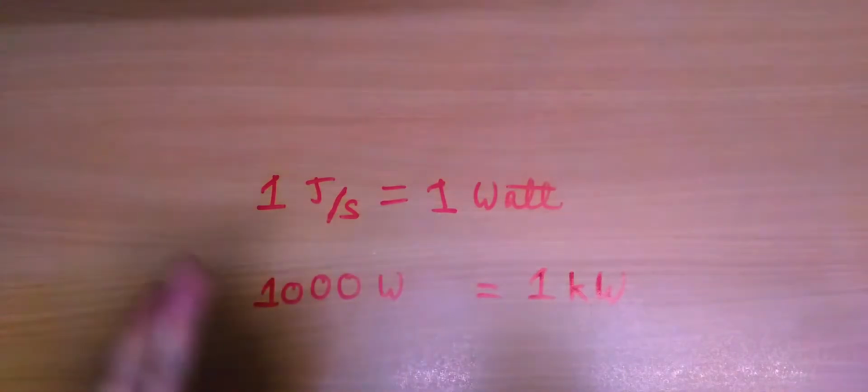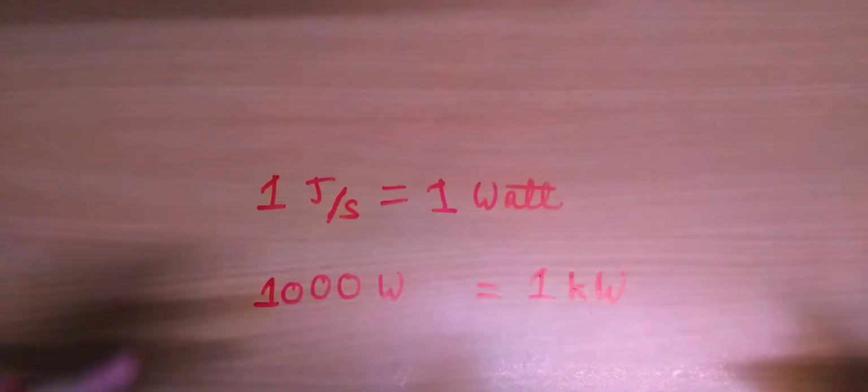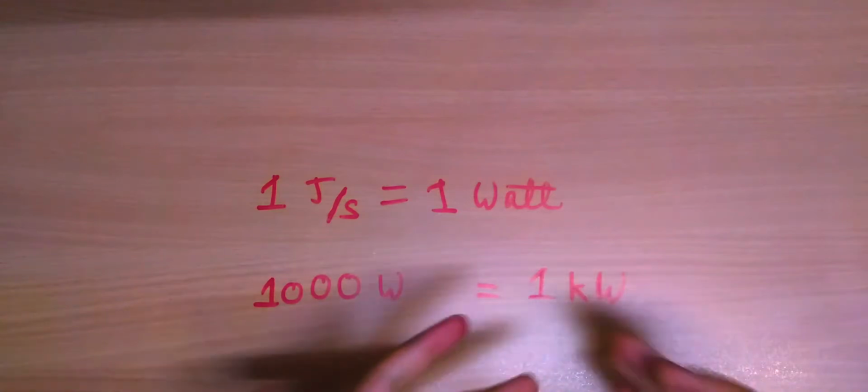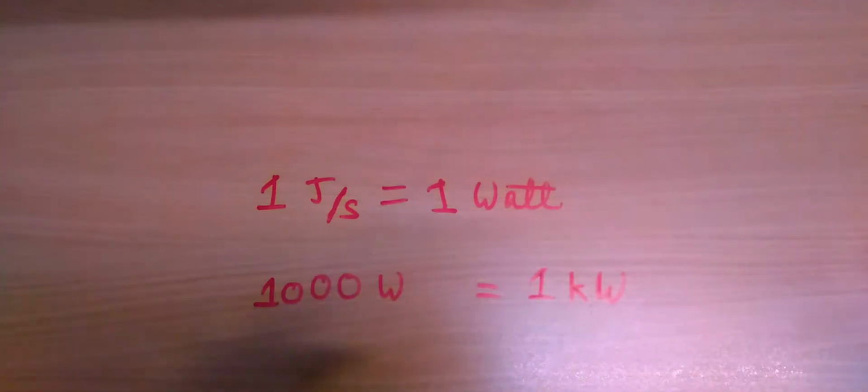That is the larger unit. Just like 1 kilometer equals 1000 meters, 1 kilowatt equals 1000 watts. We can use this larger unit to specify the power of more powerful machines. So those were the basic units of power.